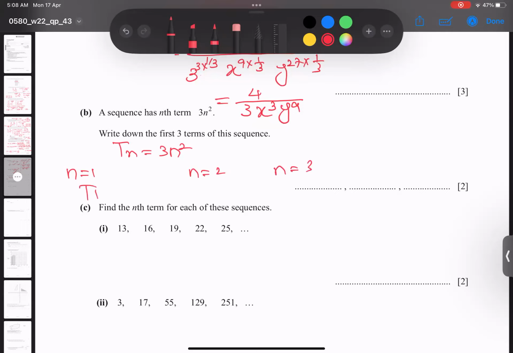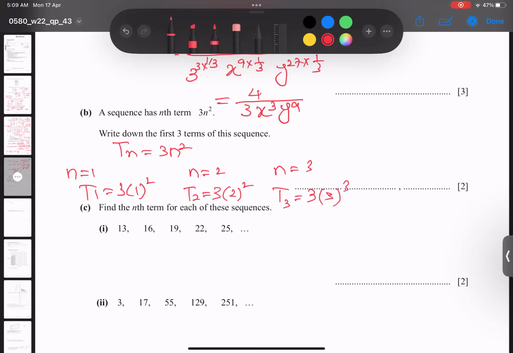When I plug in 1, I get 3 times 1 to the power 2. When you plug in 2, you get 3 times 2 to the power 2. And when you plug in 3, it's 3 times 3 to the power, sorry, not 3 to the power 3.